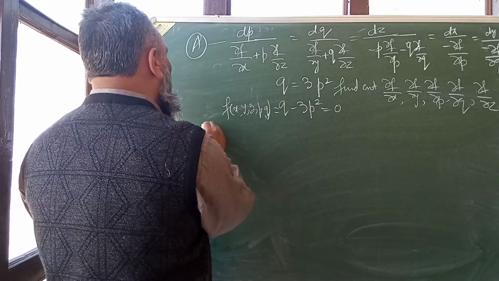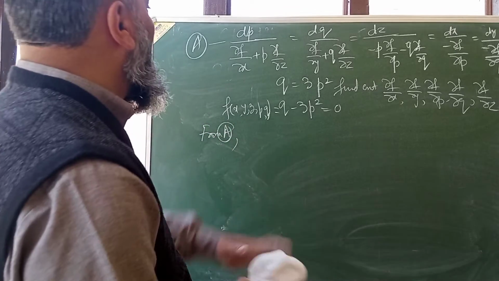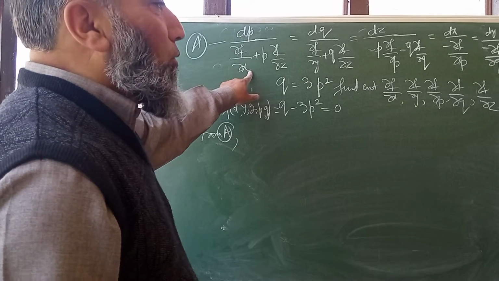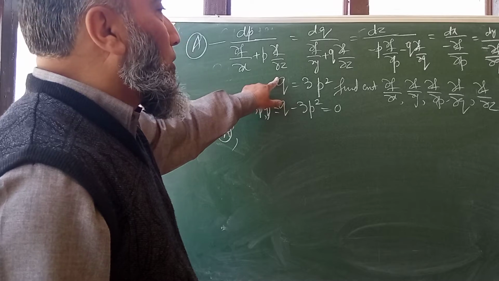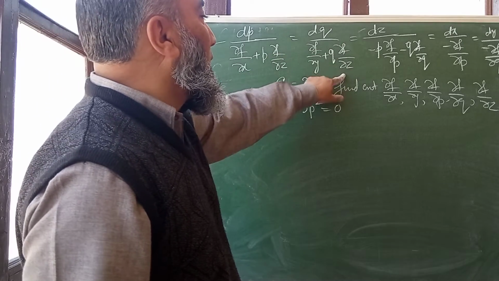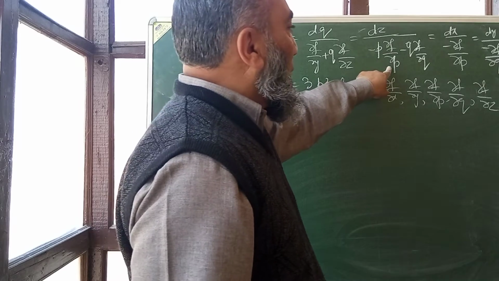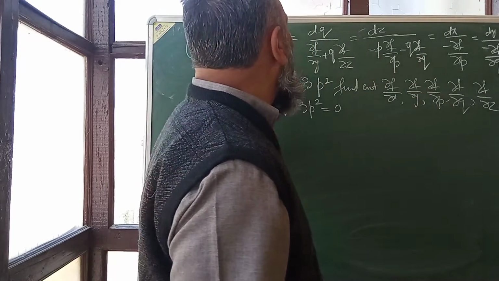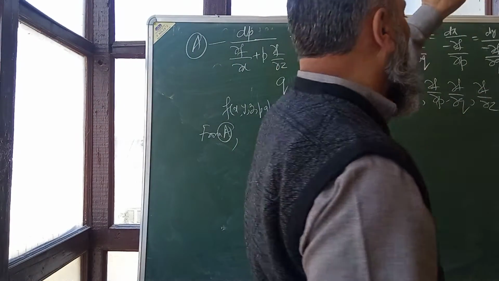Now from a, del f by del x is 0 because you don't have x. Del f by del z is 0, del f by del y is 0. But you have del f by del p, you have del f by del q, so you will get these two 0 denominator, and you will get the rest of the things over here.